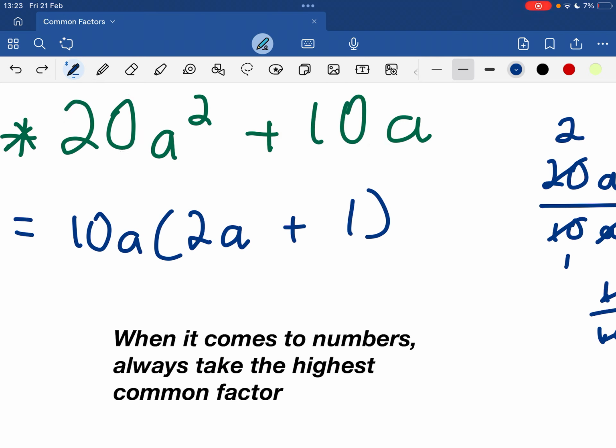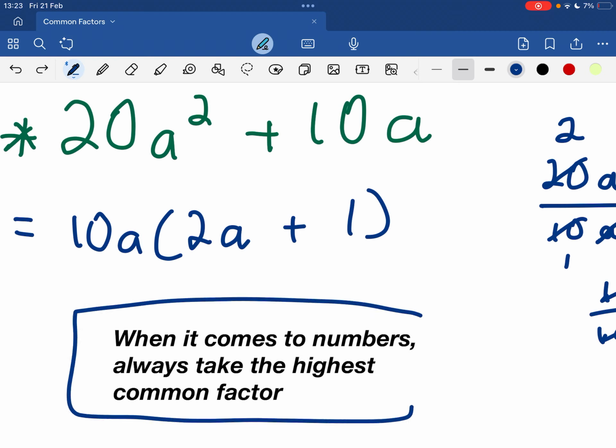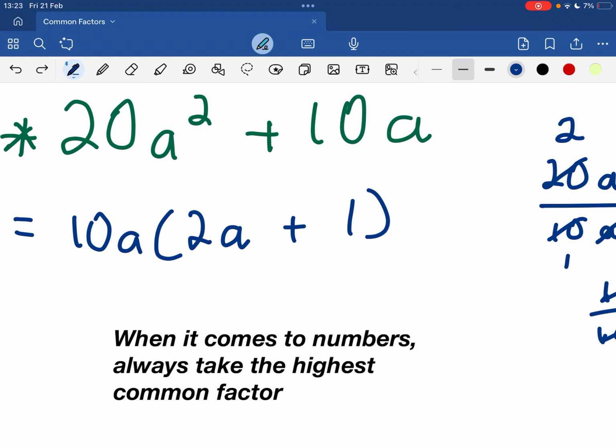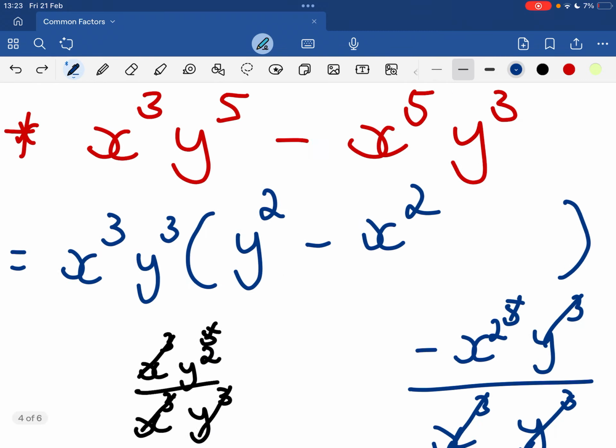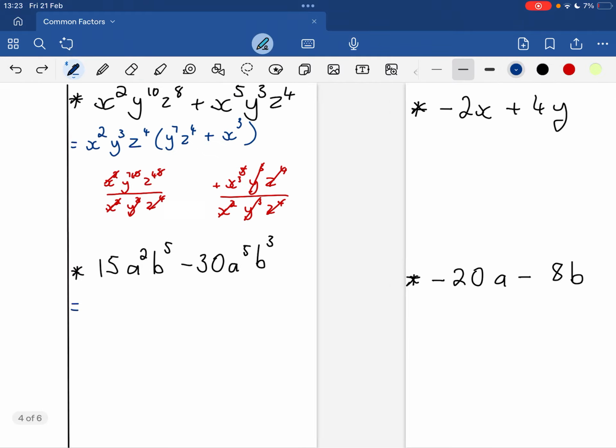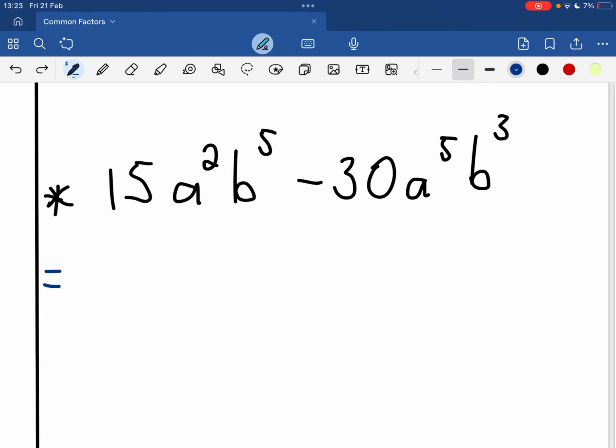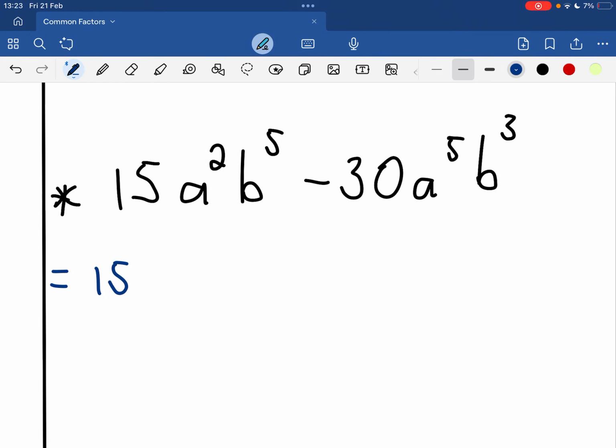We could have gone with 5. 5 goes both into 20 and into 10. But when it comes to numbers, we always take the highest common factor. So we went with 10. 10 goes both into 20 and into 10. In the same way here, we need to make sure that we take 15. 15 goes both into 15 and into 30.